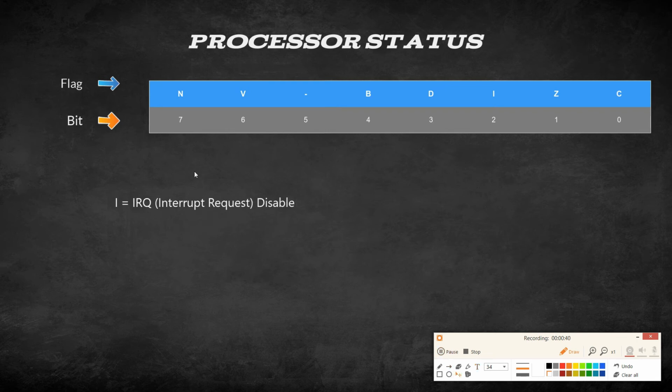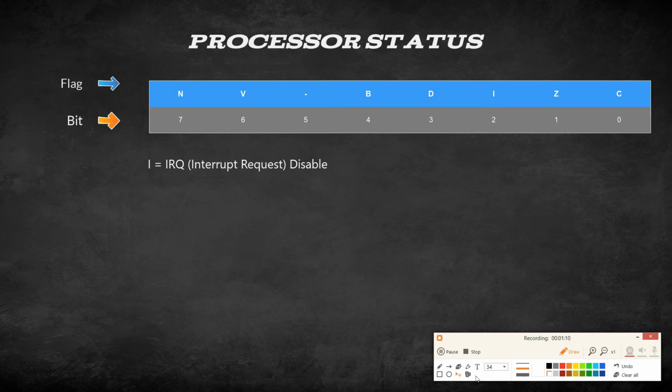So when this flag is set to on, the program executing is going to ignore all of the interrupt requests from outside sources until you tell it, until you set it off.